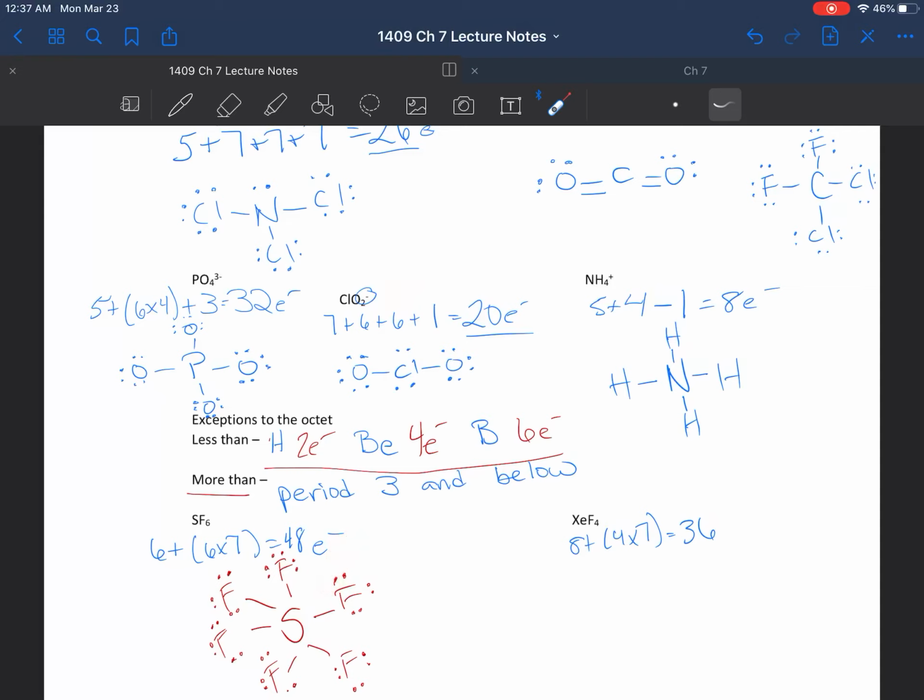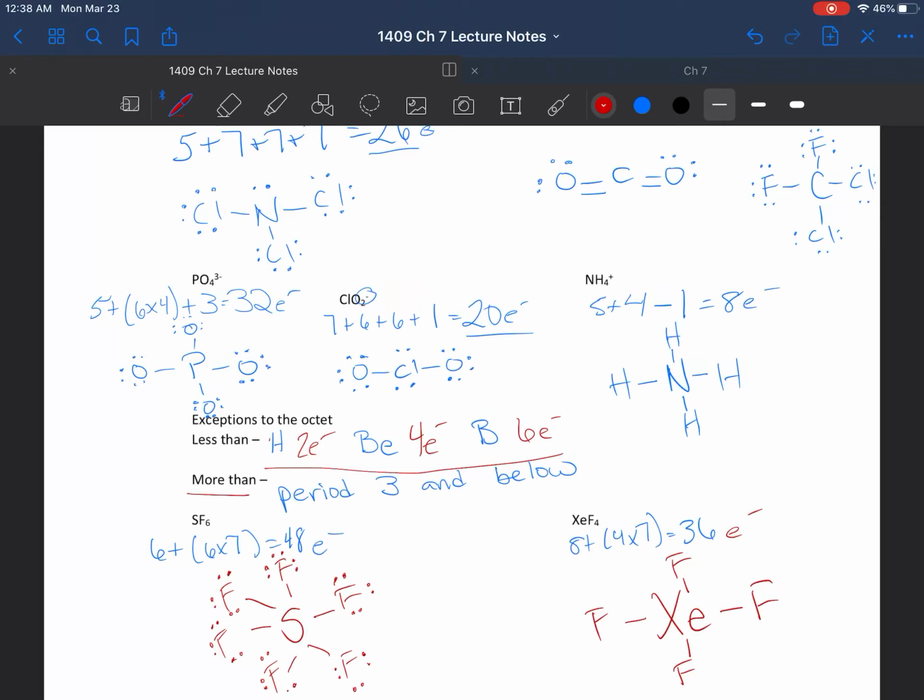Next, we're going to move over here to xenon tetrafluoride. Here we go. Follow the same rules. We have 36 valence electrons. Xenon has 4 fluorines surrounding it, 2, 4, 6, and 8.